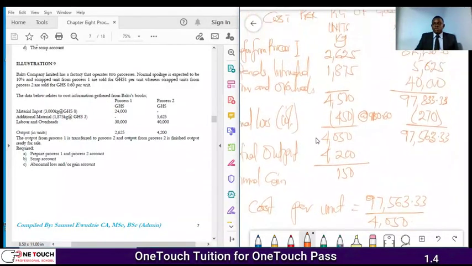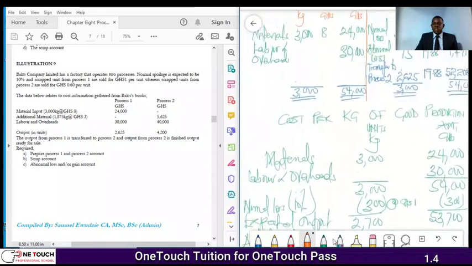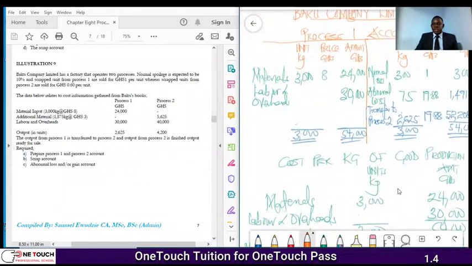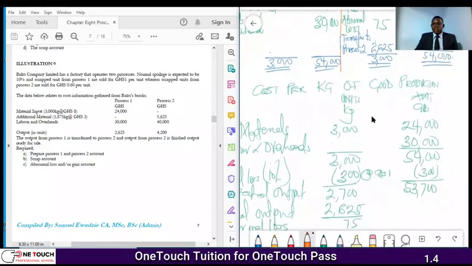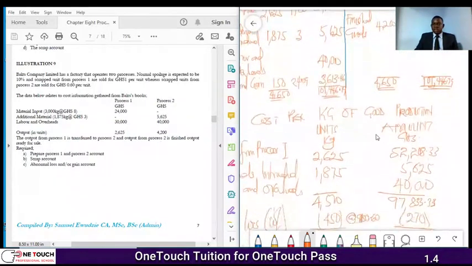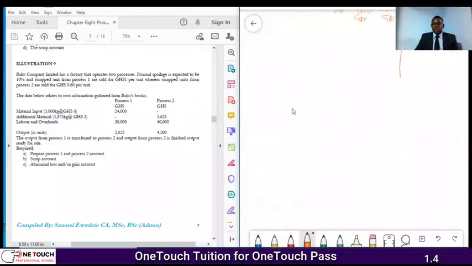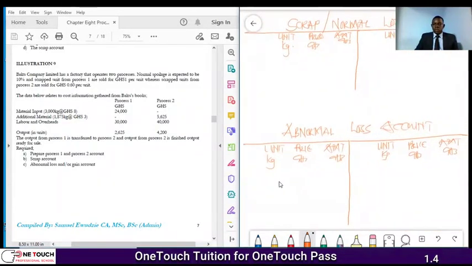And there was abnormal loss in the first process. Abnormal loss of 75 at 19.88. So that one we debit.